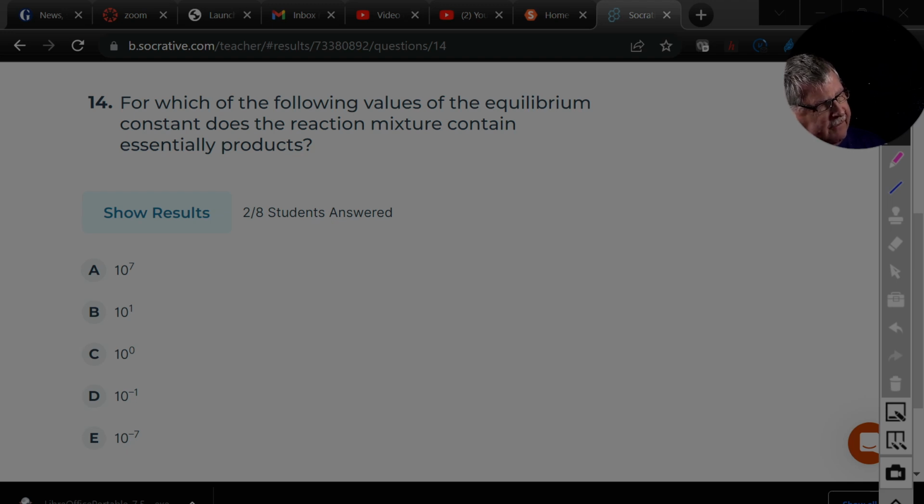Which of the following values of an equilibrium constant does the reaction mixture contain essentially products? This is an easy question. Okay, and you're going to find questions like this. Don't be alarmed that it seems so easy, because it is. If products are favored in an equilibrium, is an equilibrium constant going to be large or small?